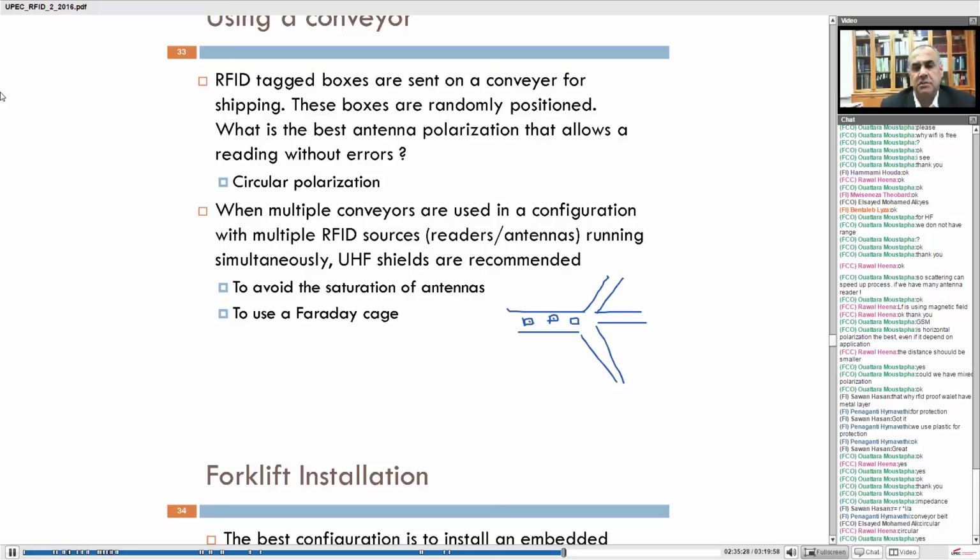I will try to draw. You have this conveyor, you have a box here, and this conveyor will go to different routes. For example, all the boxes are tagged. You have antennas here, and this is connected to the reader, reader 1.